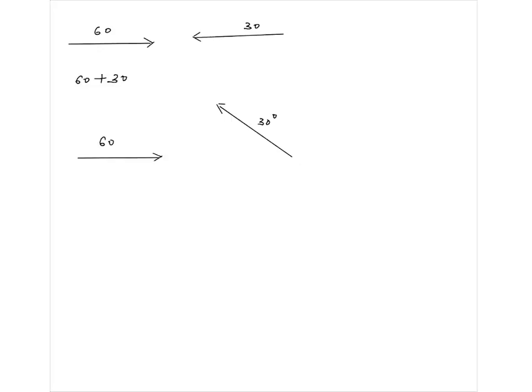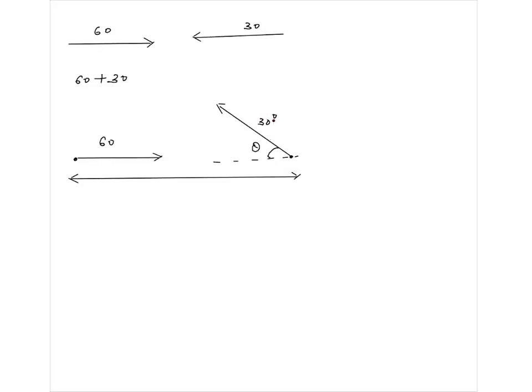But the angle between them, let's say this is theta. And you are interested in knowing how quickly this distance will be covered. Now this train is approaching this train with what speed to cover this distance? Now it will be not full 30 which is coming towards it.